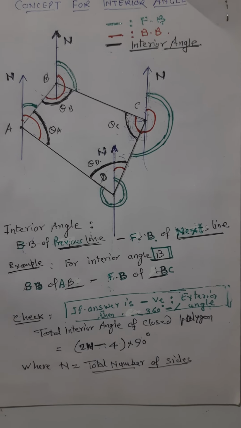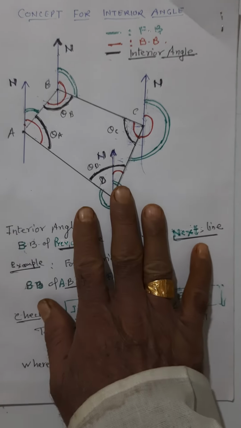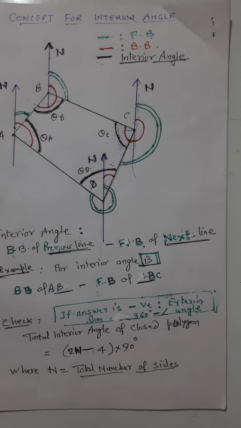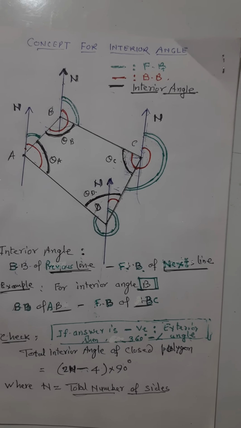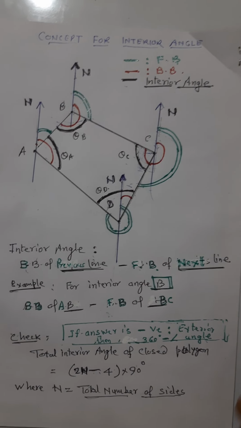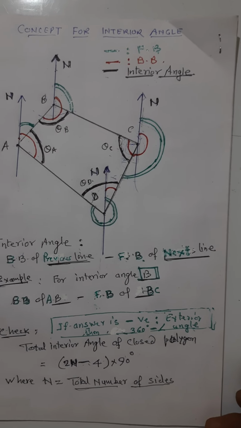We will continue the same when we solve one problem, and then we will go for the method of finding the local attraction and making the corrections so that all the results are corrected accordingly.